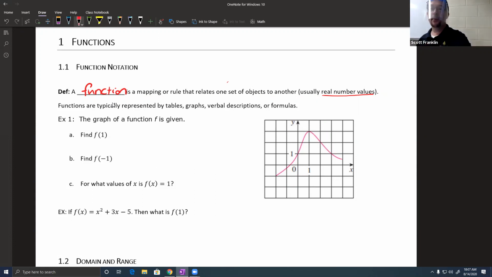Functions can operate on any kind of complex object. You just think of it as an input and there's an output, and the function maps one to the other. They're typically represented by tables or graphs, maybe even verbal descriptions, but most commonly we will see them as formulas. But let's start with a graph, just so that we understand how this is set up.